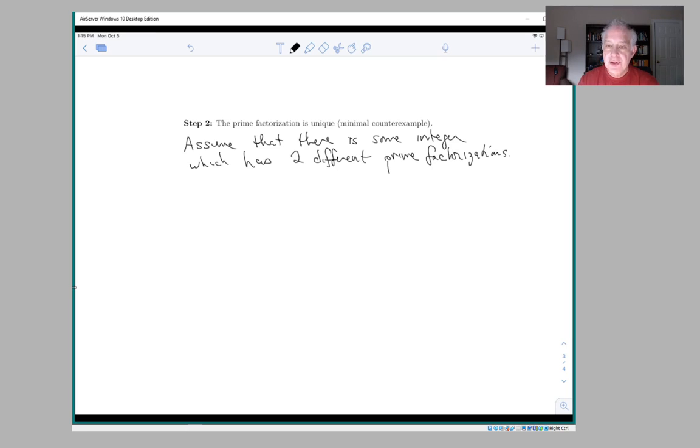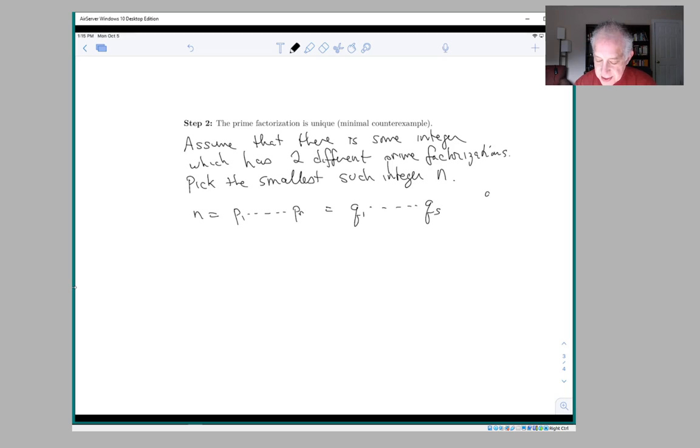And using the idea behind minimal counterexample, we pick the smallest such integer. So we know that n can be written p1 up to p sub r, and it can also be written q1 up to q sub s, where all these pi and qj are prime.